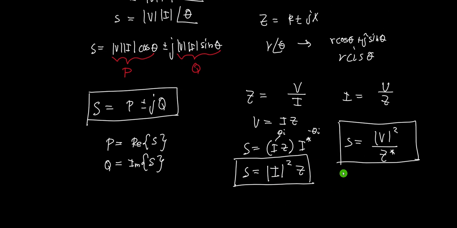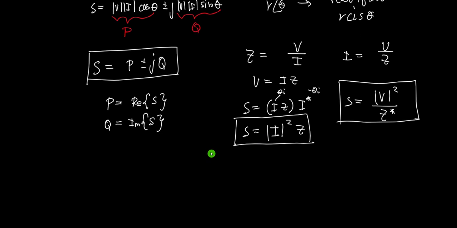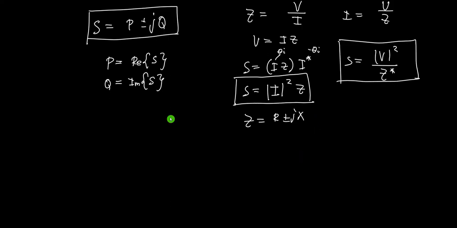And also we can determine, because we know I is just a constant, and Z is equal to R plus or minus JX. Now, if we substitute this in our equation, S will be equal to the magnitude of I squared multiplied by Z, which is R plus or minus JX.